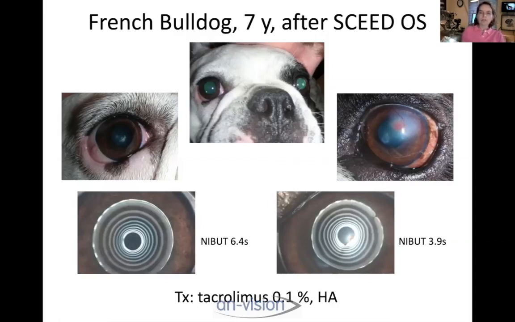Remember that I mentioned that the average blink reflex is 14 seconds in the dog, and we have a tear breakup time of 6.4 and 3.9. So this dog must sense terrible pain in his eyes because it's dry. So we use tacrolimus topically and hyaluronic acid.